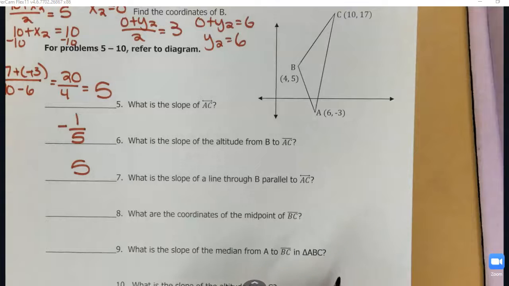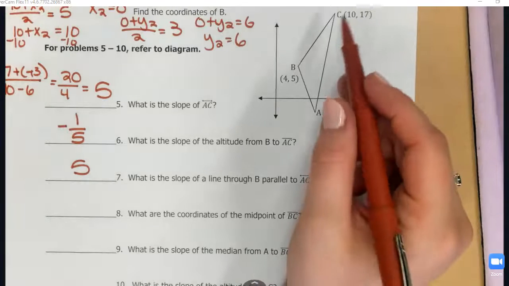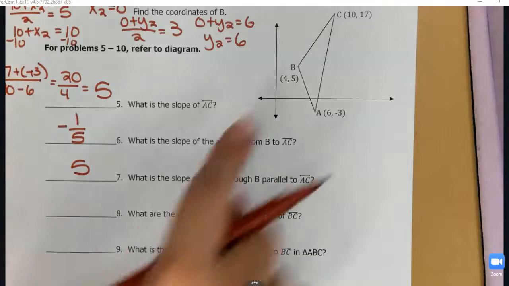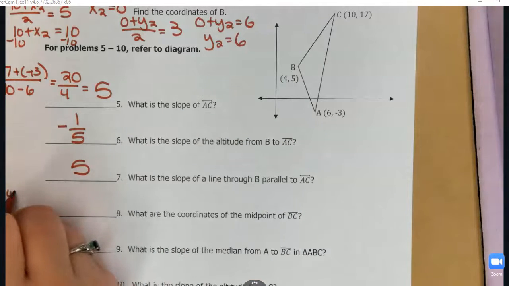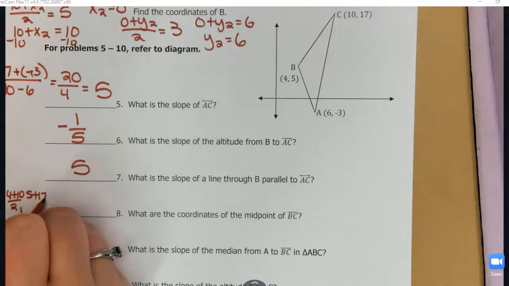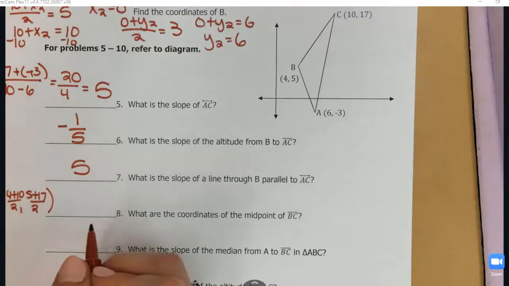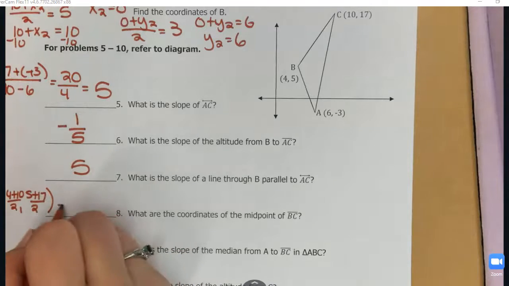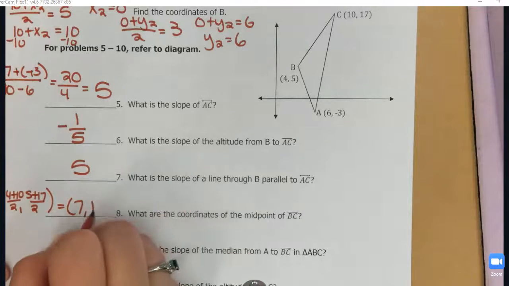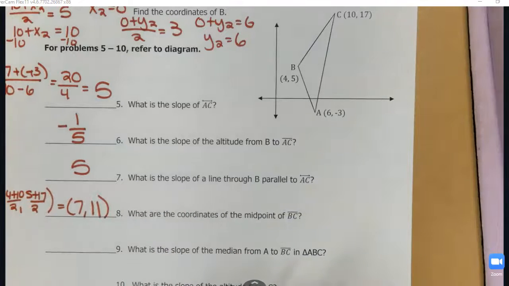Okay, 8, what are the coordinates of the midpoint of BC? Well, I know the coordinates of both those points already, so I just need to use my midpoint formula. 4 plus 10 divided by 2, comma, 5 plus 17 divided by 2. 4 plus 10 is 14, divided by 2 is 7. 5 plus 17 is 22, divided by 2 is 11. So 7, 11. Then what is the slope of the median from A to BC?